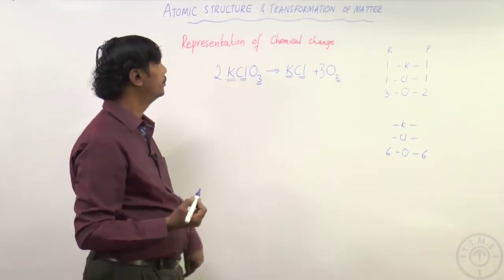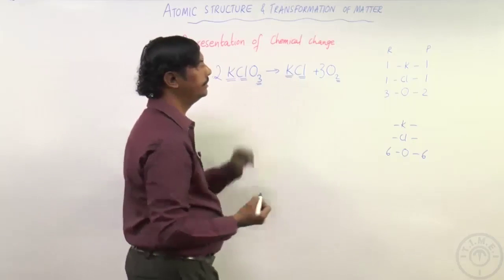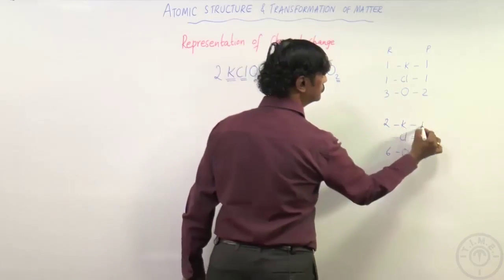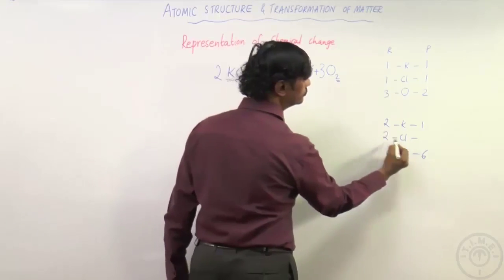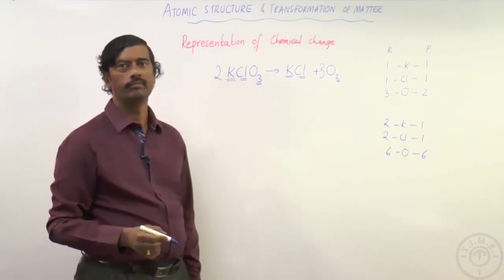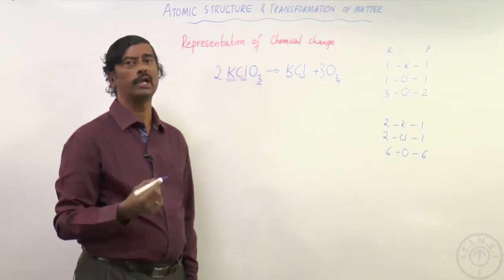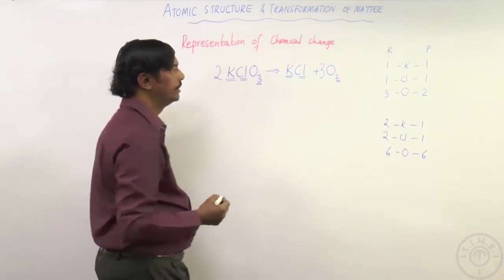How about potassiums? Potassiums are how many? 2 here and only 1 there. Chlorines, 2 here and 1 there. Now, we will have to balance potassium and chlorine. Between potassium and chlorine, potassium will get more priority because it is a metal. But look at this.